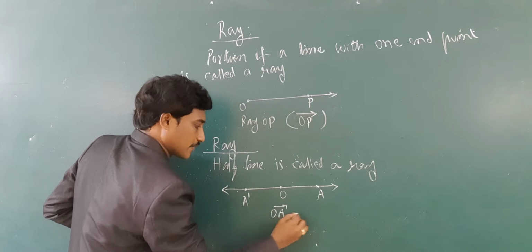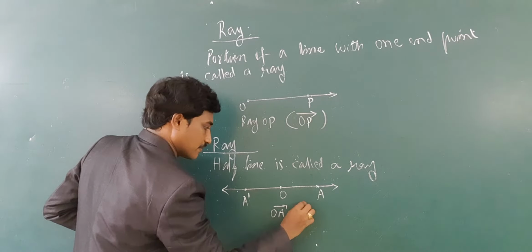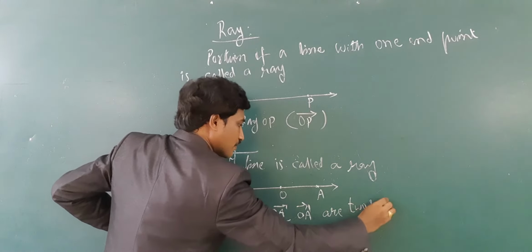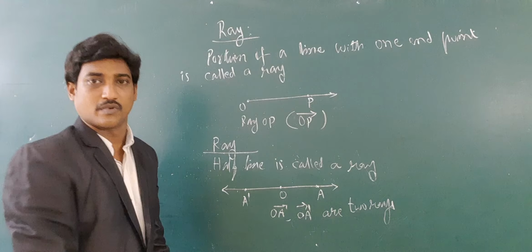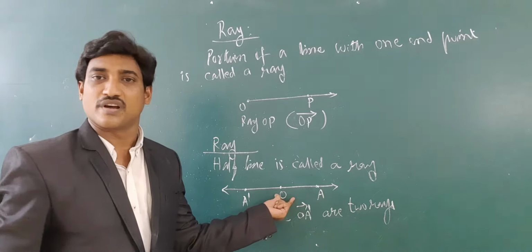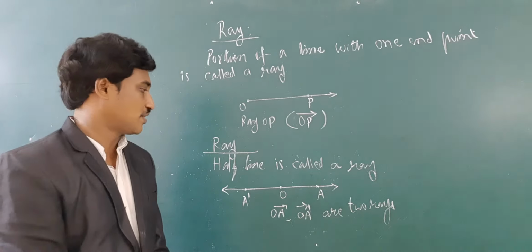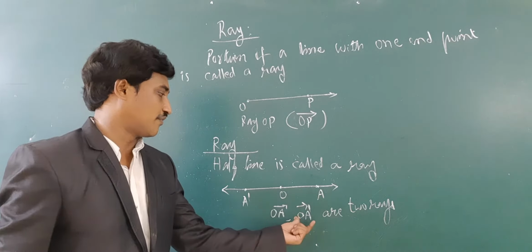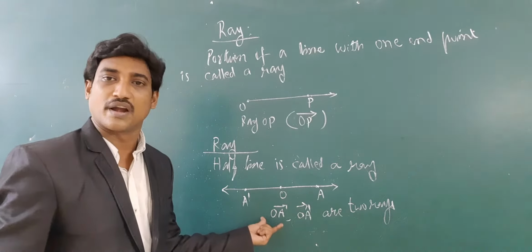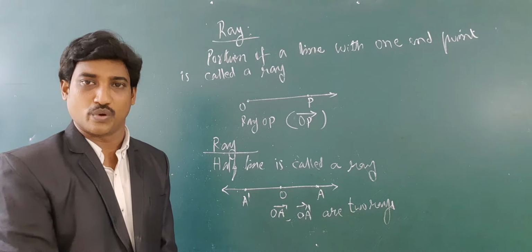OA and OA dash are two rays. For these two rays, O is the initial point. Otherwise, O is the endpoint of ray OA, and the same O is the endpoint of ray OA dash.